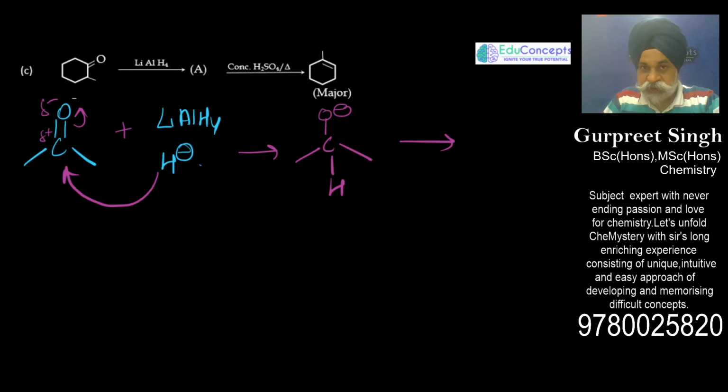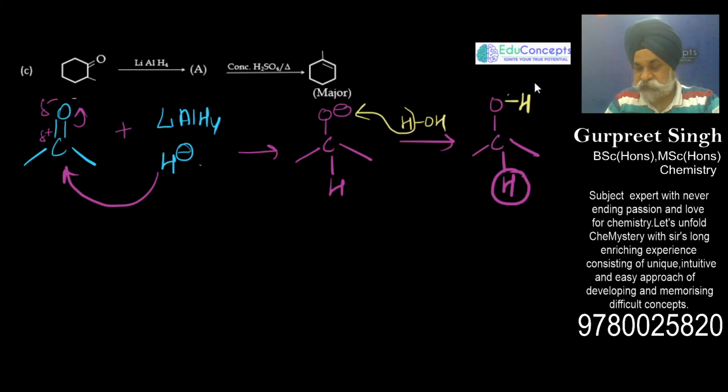Now once you do this, then there is a role of a solvent. In the second step, the water gives its H positive to this, and as a consequence what you end up getting here is something like this. So on one side you generated H, which came from the lithium aluminum hydride, and on the other side you generated H, which came from the water.